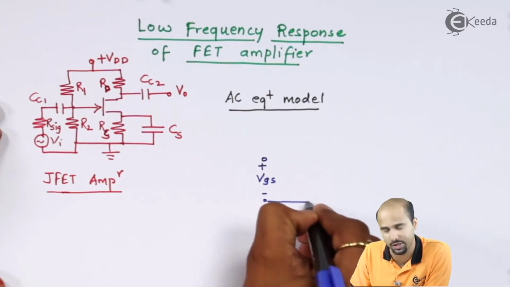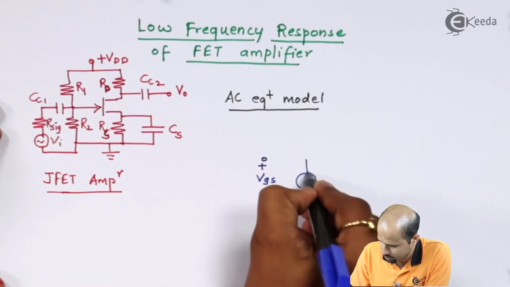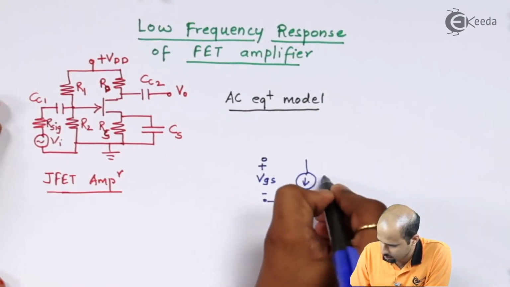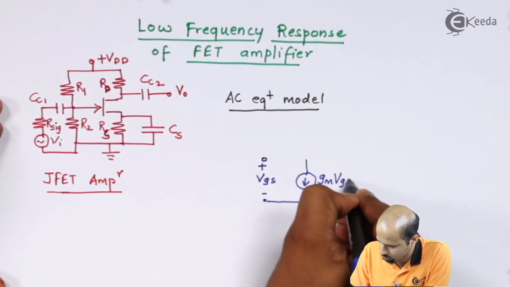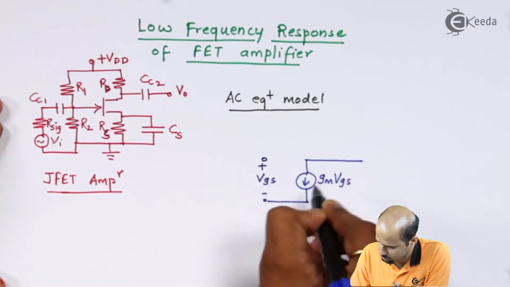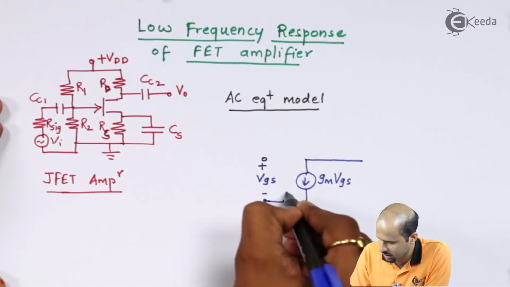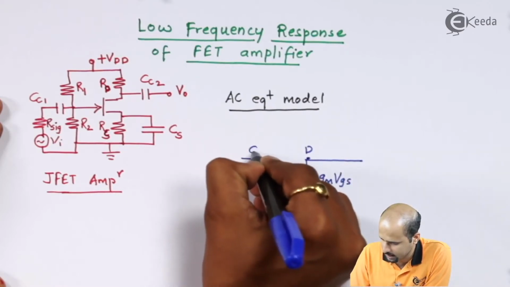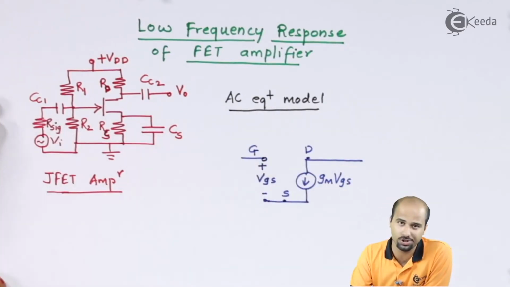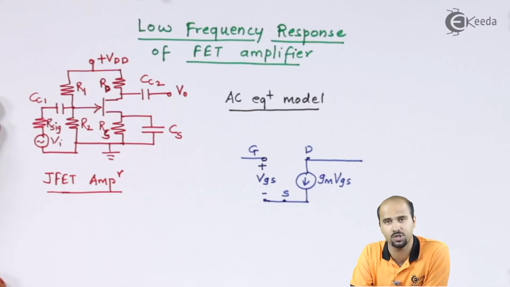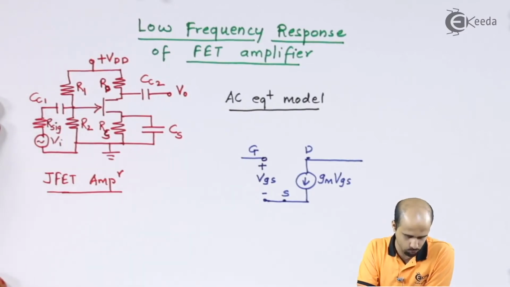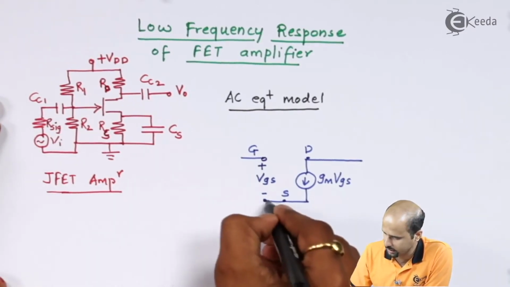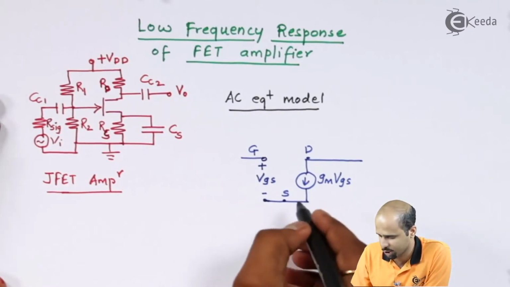but open circuit. This is the source, this is the drain side, and this is the gate side. We don't have to disturb the capacitors while analyzing the low frequency response. So we will draw the rest of the circuit, without disturbing the capacitors, as a short circuit.